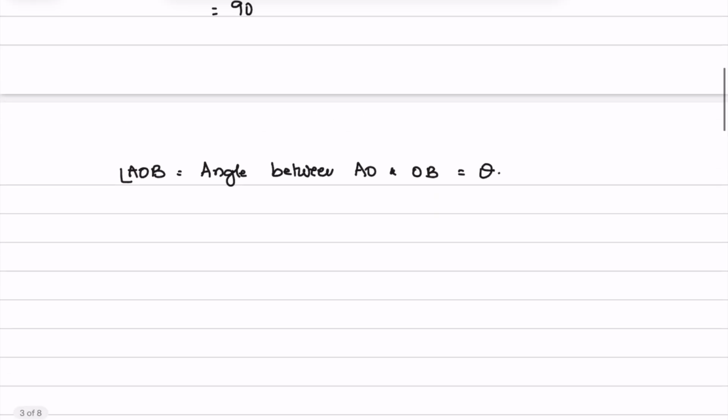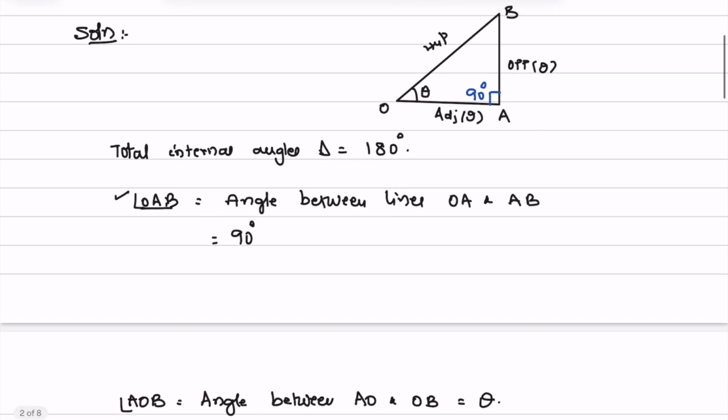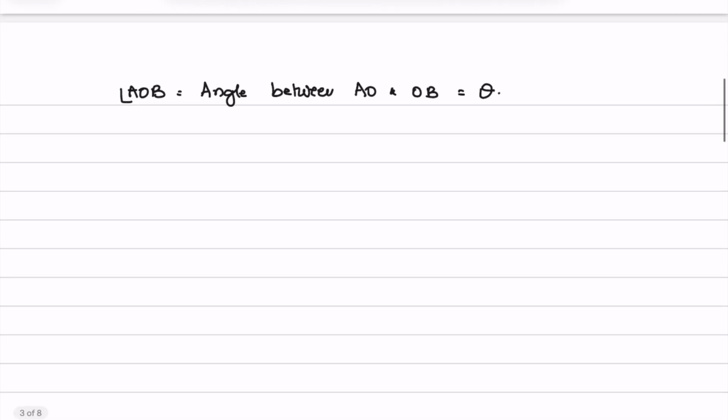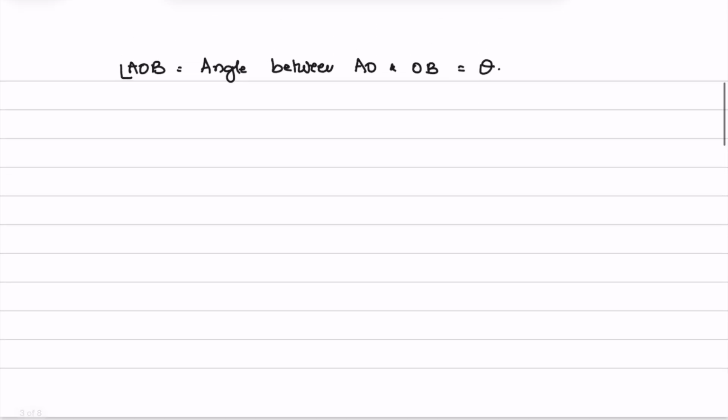Then what will be the angle OBA? Angle OBA is equal to the angle between OB and BA. That we are not aware of.